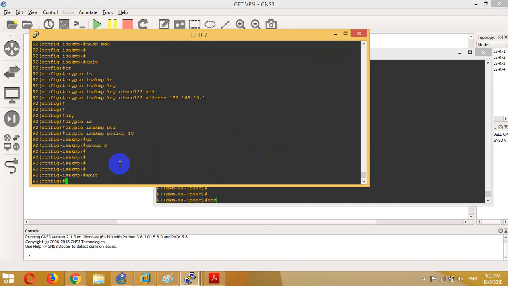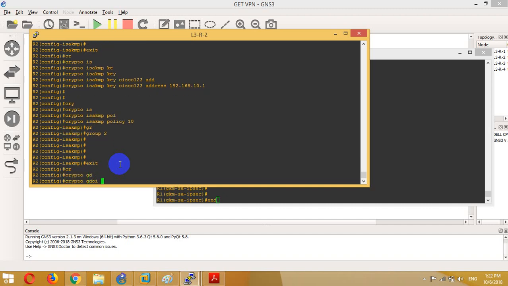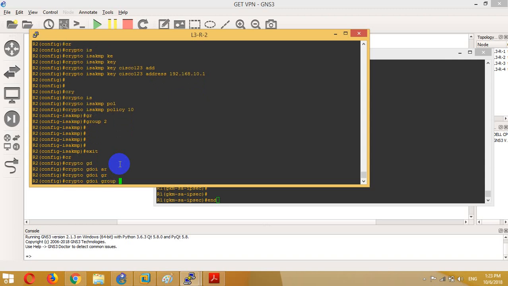We'll configure GDOI to point to the key server. So crypto GDOI group, and I'm going to give it any name, GDOI APC.